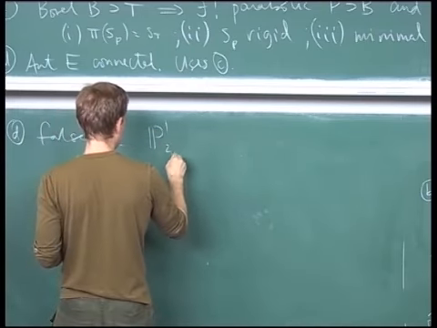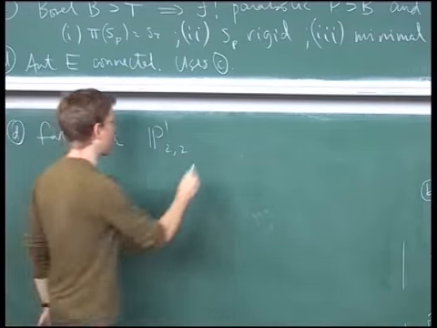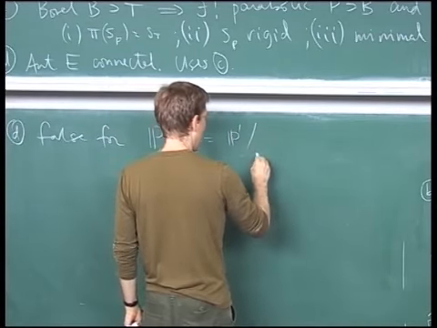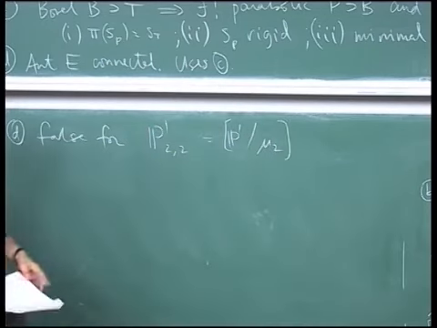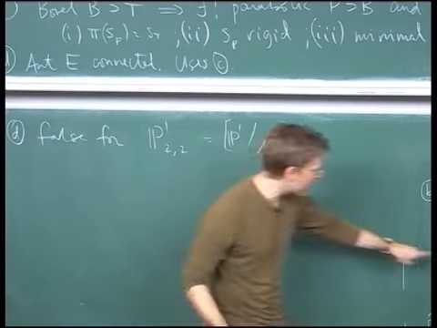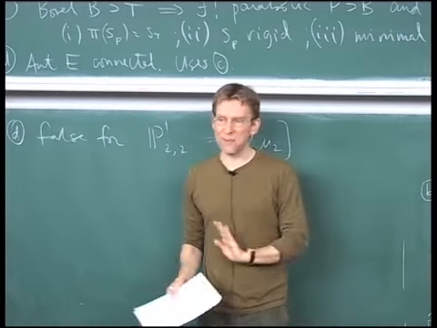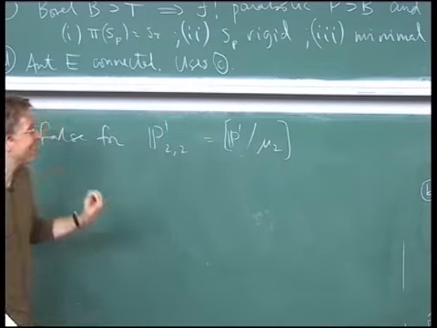Already, if I just take P1, 2, 2, which is just a global quotient of P1 by the action of a cyclic group of order 2. Sorry, I can't ever decide whether to write the cyclic group like this or like this, and I'm always going to choose it to be prime to the characteristic, so it's not going to matter.